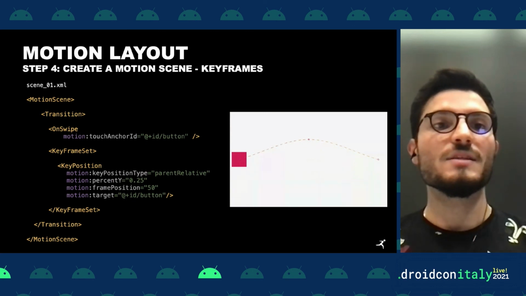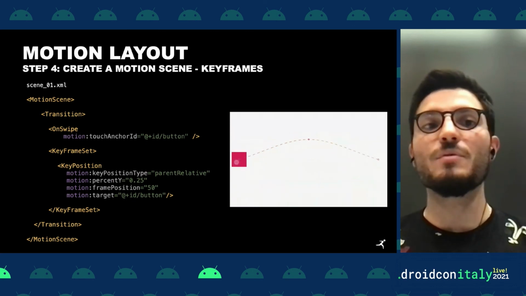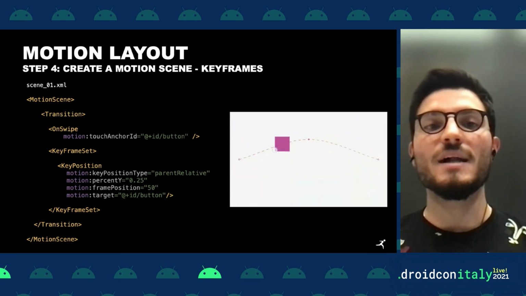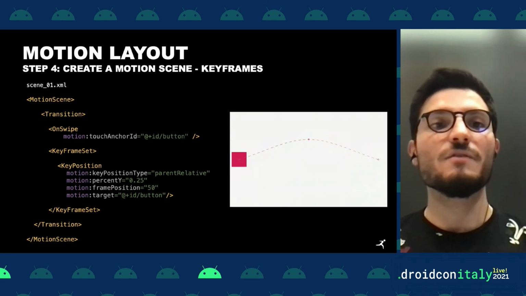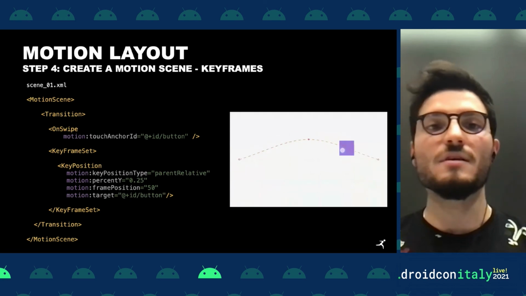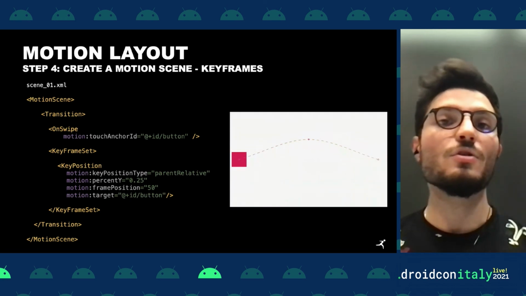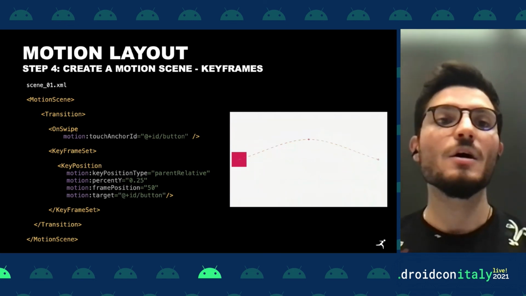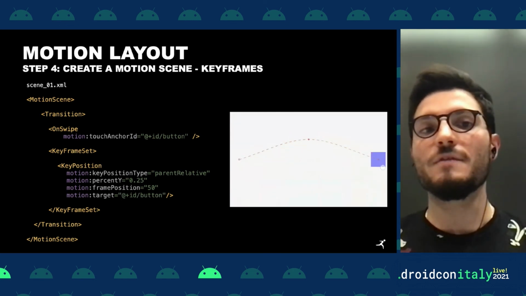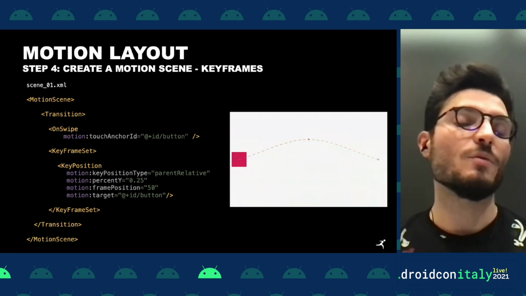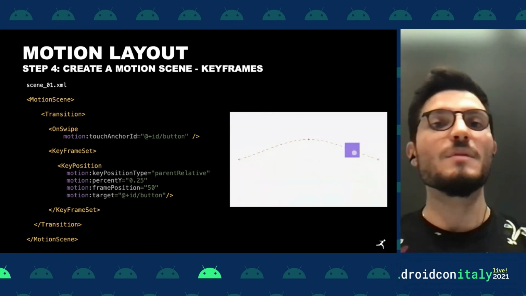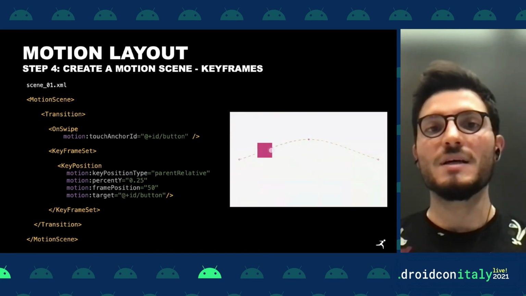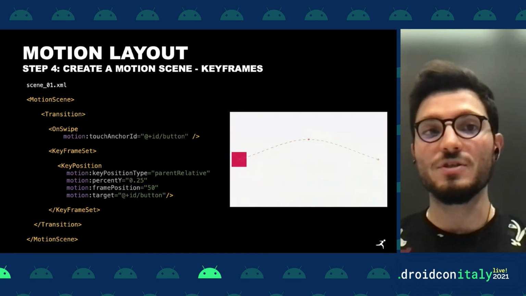In this example, we added a key position keyframe, and that allows you to set at a certain frame position, in this example 50. Frame position goes from 0 to 100. 0 is the initial state, 100 is the final state. So at 50, we are basically saying that in the middle of our animation, that square must be placed in a certain position.